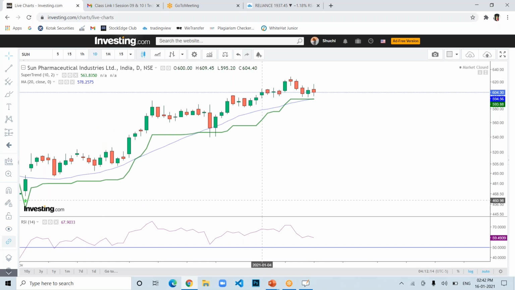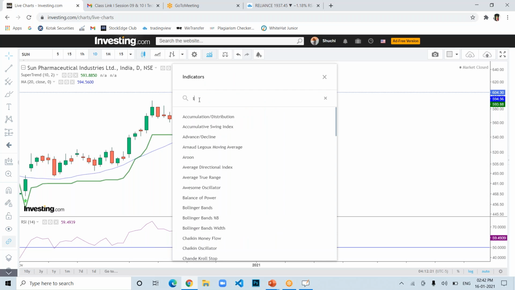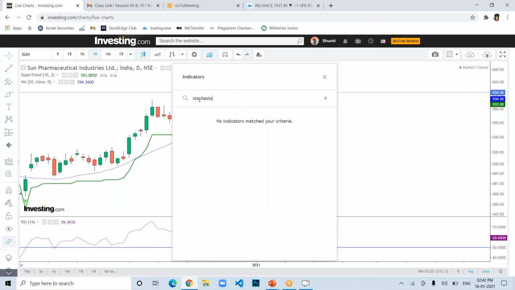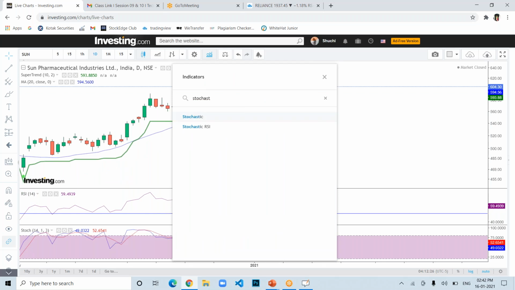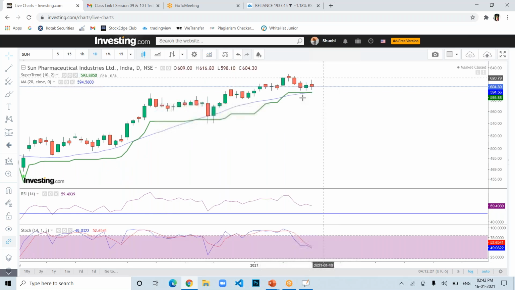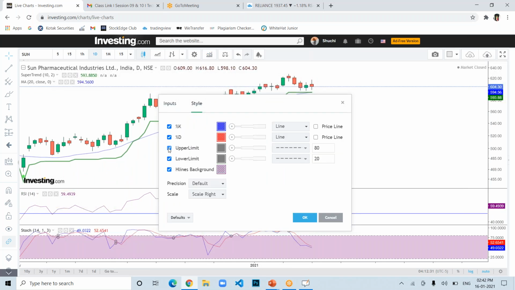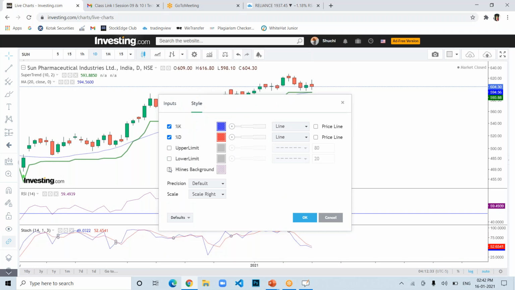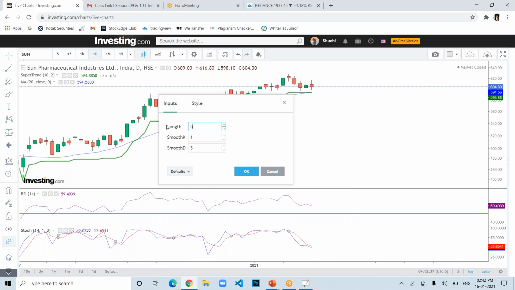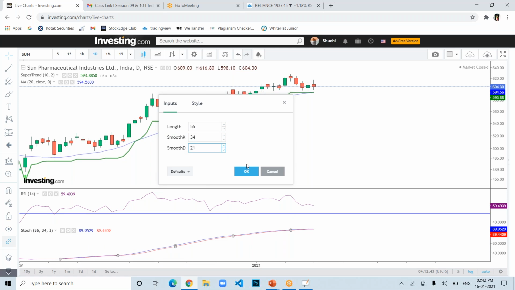Now coming to the next, which is the stochastic. I plot the stochastic indicator. In the stochastic settings, I don't need my upper limit, lower limit, or my background. My input will be simply 55, 34, 21.